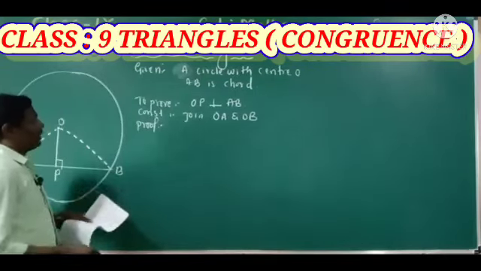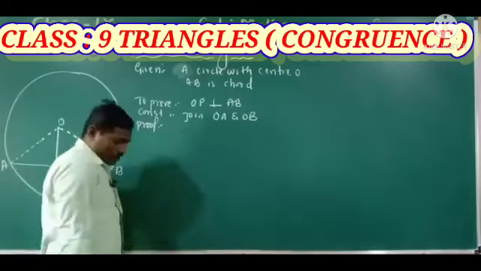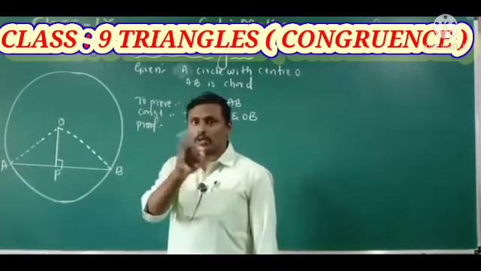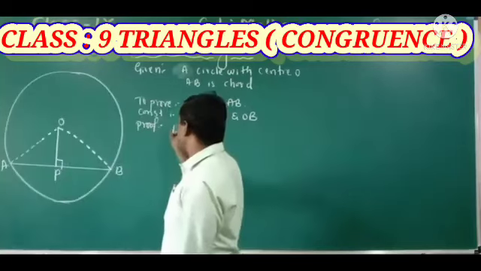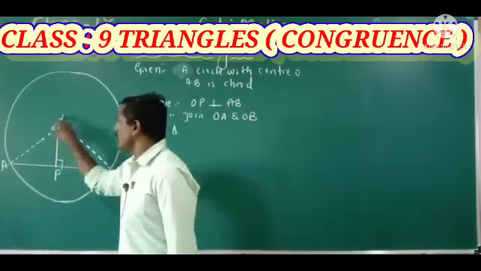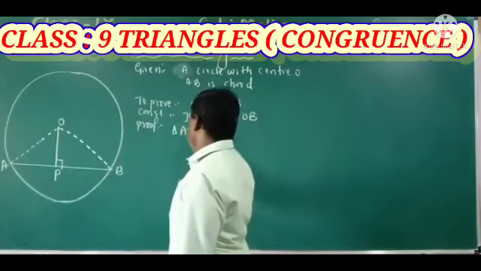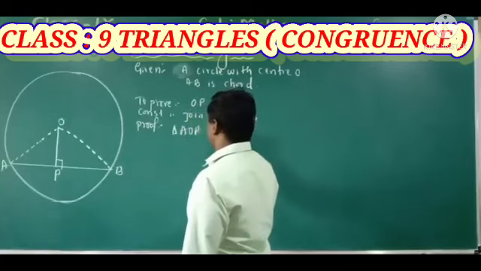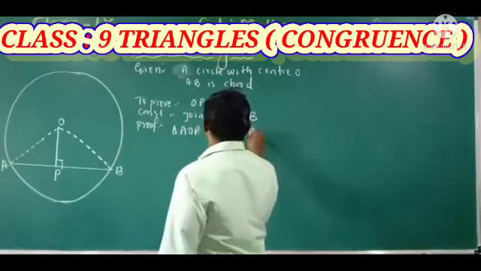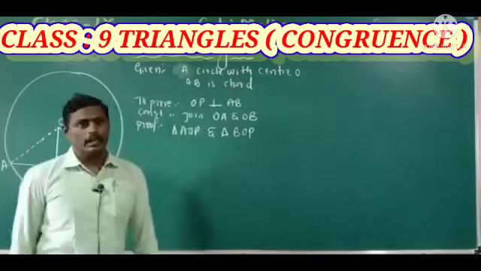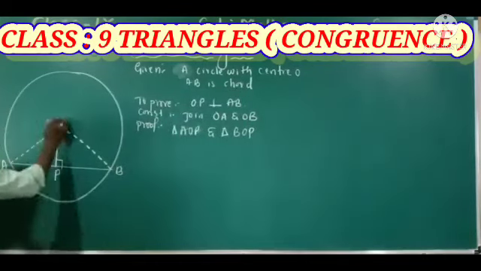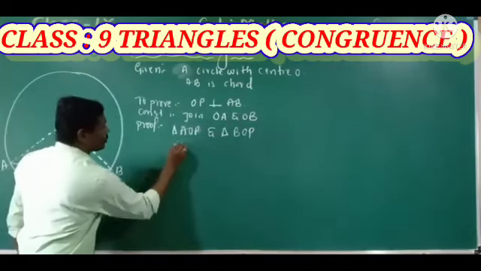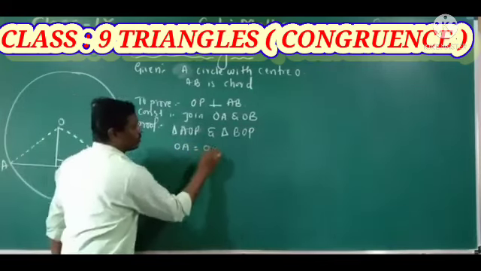Next, by joining these two lines, OA and OB, we are getting two triangles here. What are the two triangles? Triangle AOP and triangle BOP, right? In that, OA is equal to OB.